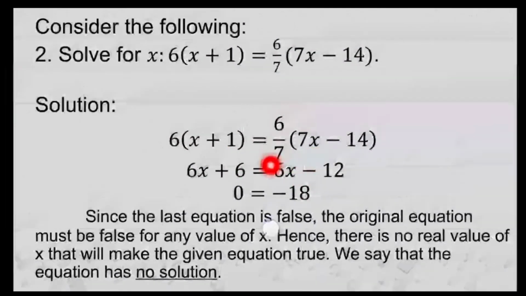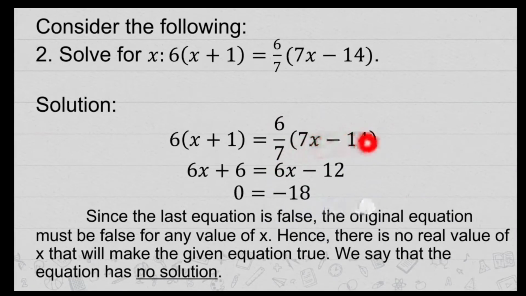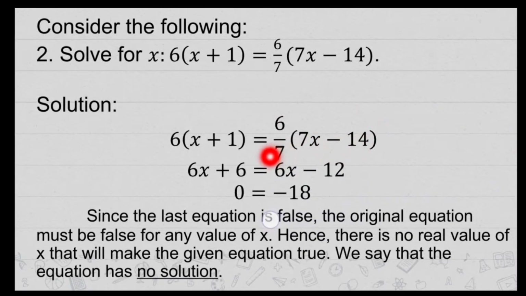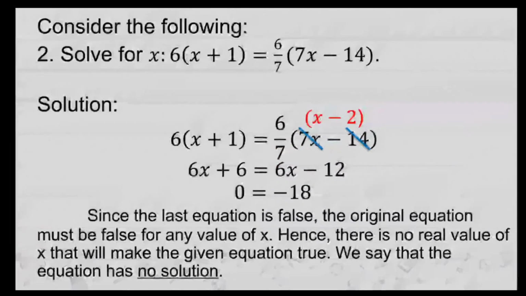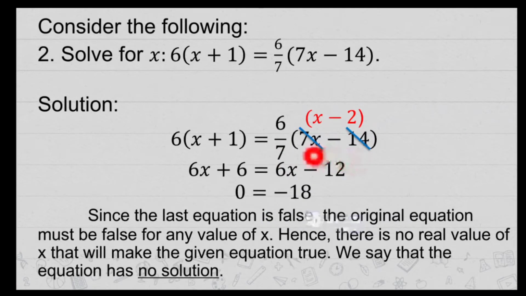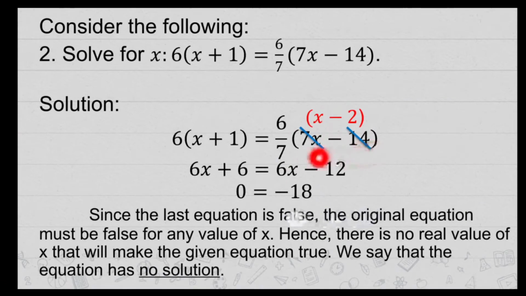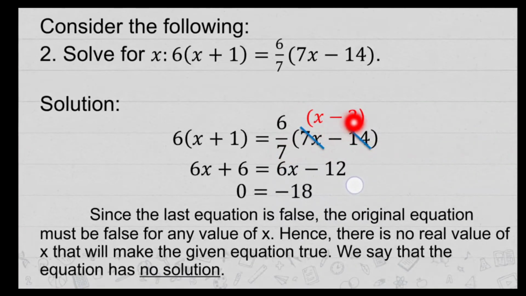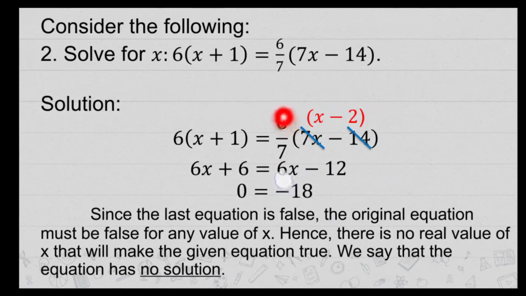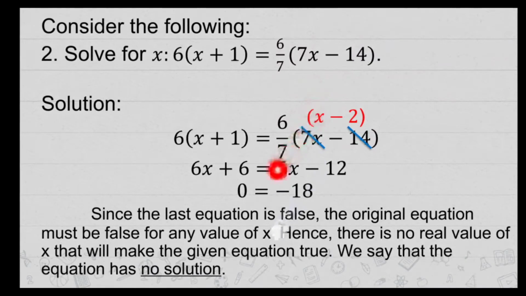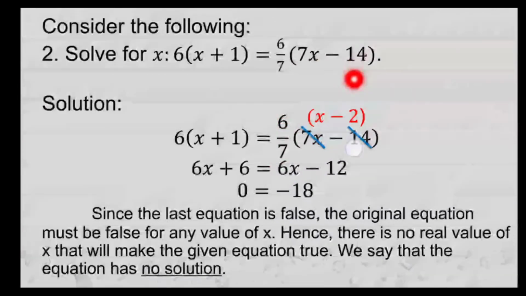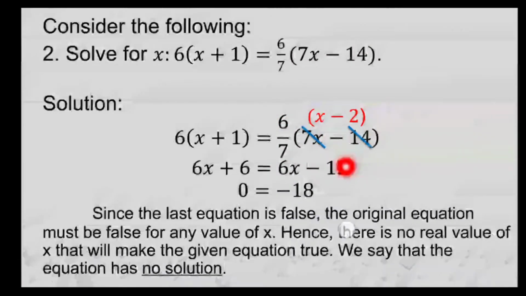When we divide 7x minus 14 by 7, 7x divided by 7 is x, then negative 14 divided by 7 is negative 2. Now, let's multiply. 6 times x is 6x, then 6 times negative 2 is negative 12.